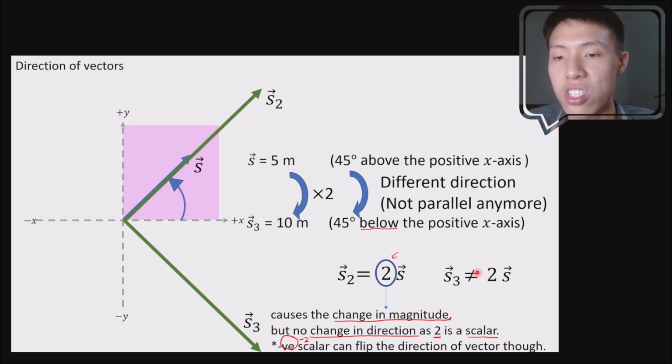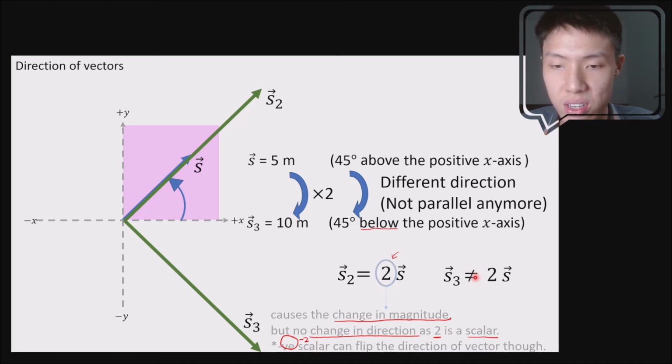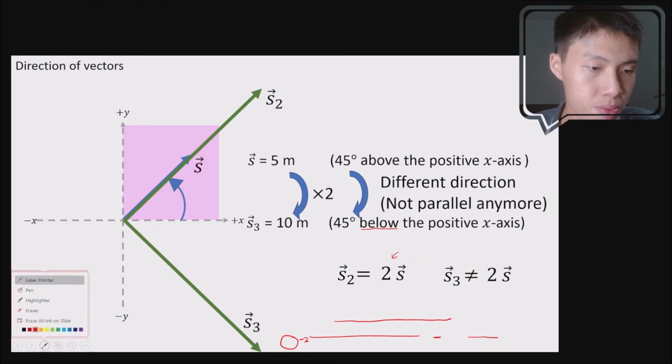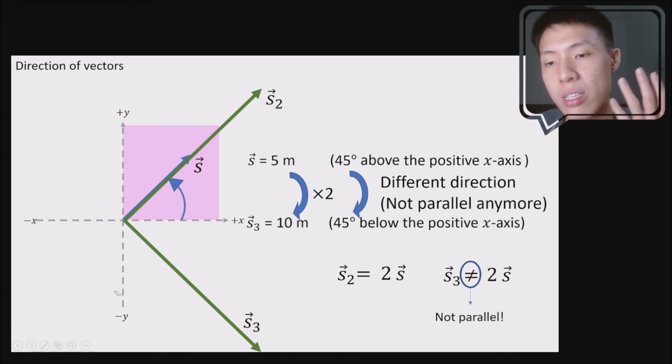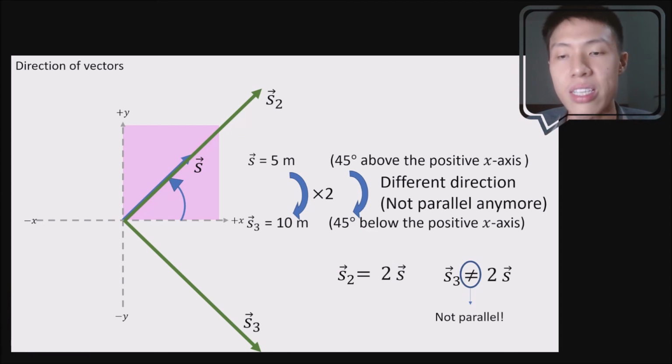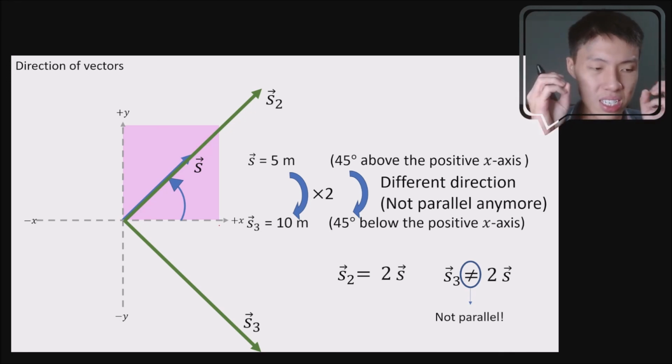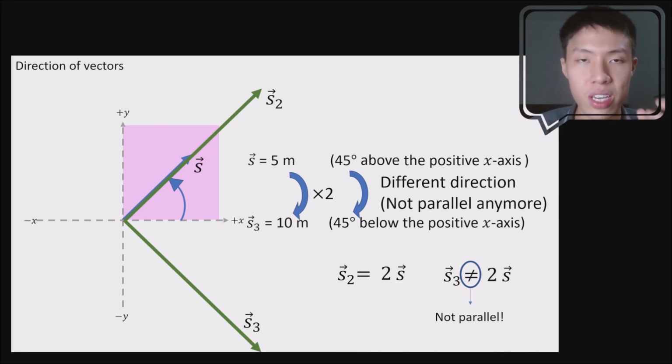If the direction is not the same, it cannot be equal to each other. Okay, so because they are not parallel, therefore they are not equal to each other. Okay, so just to remind you that if you are talking about equations that involve vectors, you have to be sensitive about the direction, not just the magnitude.